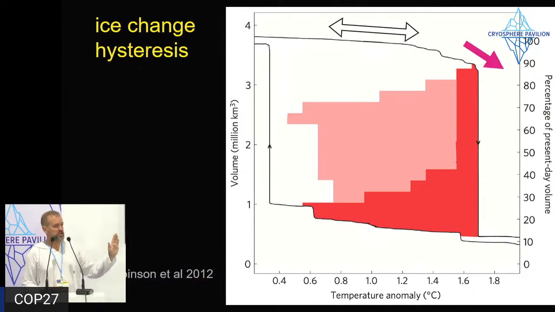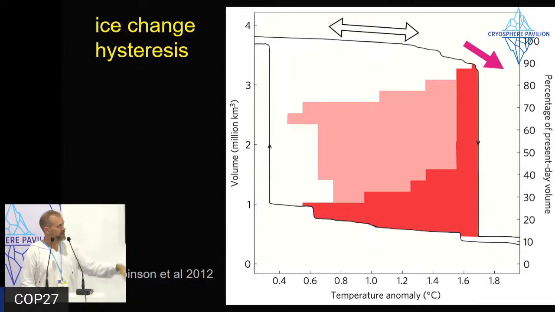As that temperature anomaly exceeds, in this case, the best estimate for Greenland's threshold of viability, 1.6 Celsius above pre-industrial, and if we spend time there, it's like the roadrunner and the coyote are off the cliff and they look down.